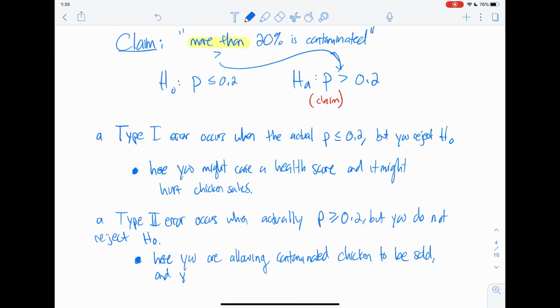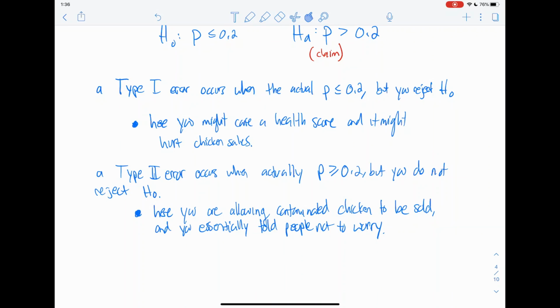And you essentially told people not to worry. That's concerning because this could actually lead to the death of people. If they don't think something's wrong, but in all actuality something is, they could be going out purchasing some contaminated chicken and then dying. So in this example that we've built here, a type 2 error, the death of people, is somehow more serious than hurting some chicken sales.